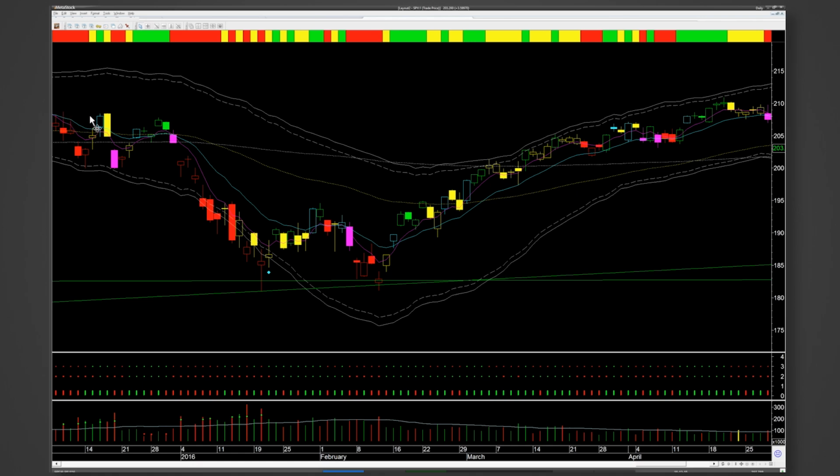Now, a third thing we look at when defining direction is where the stock is relative to the two boundary lines. When a stock is in a downtrend, a stock will tend to remain, liquid stocks, between the midpoint, that's the value area, and the lower boundary. In an uptrend, a stock will remain between the value area and the upper boundary.